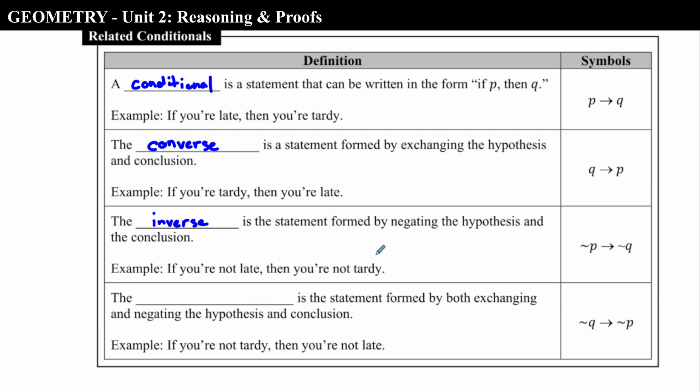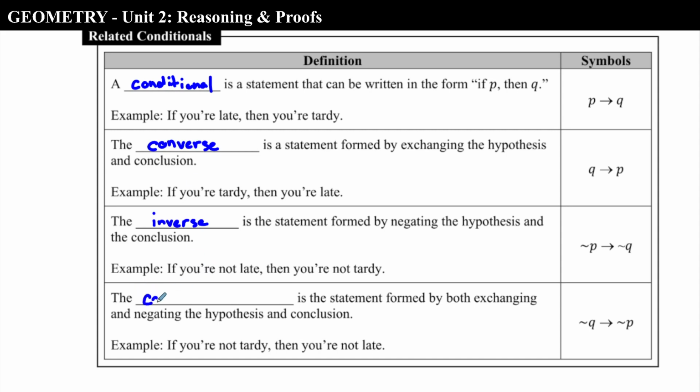The inverse of -9 is +9. So we use that term inverse in math to talk about positive and negative. Think about it that way in conditionals. The inverse is like putting a negative sign on it. Instead of if you're late, if you're not late. Instead of then you're tardy, then you're not tardy. We are putting a negative sign on our statement by putting the word not in there.